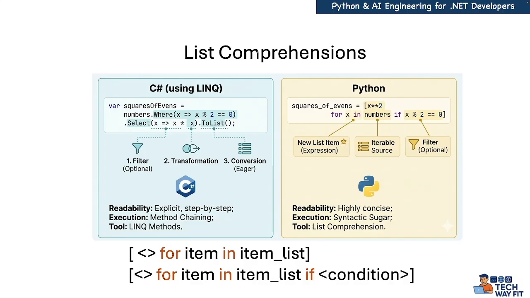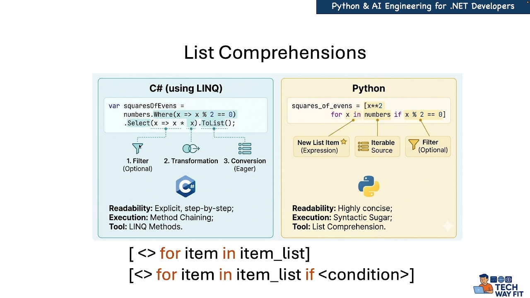Next, let's look into list comprehension. List comprehension is similar to how we write LINQ queries in C#, but it's a much better and simpler way in Python. Let's say we want to loop through a list of items and, based on a certain condition, get that particular item, or get some updated value of the item, which is called transformation.